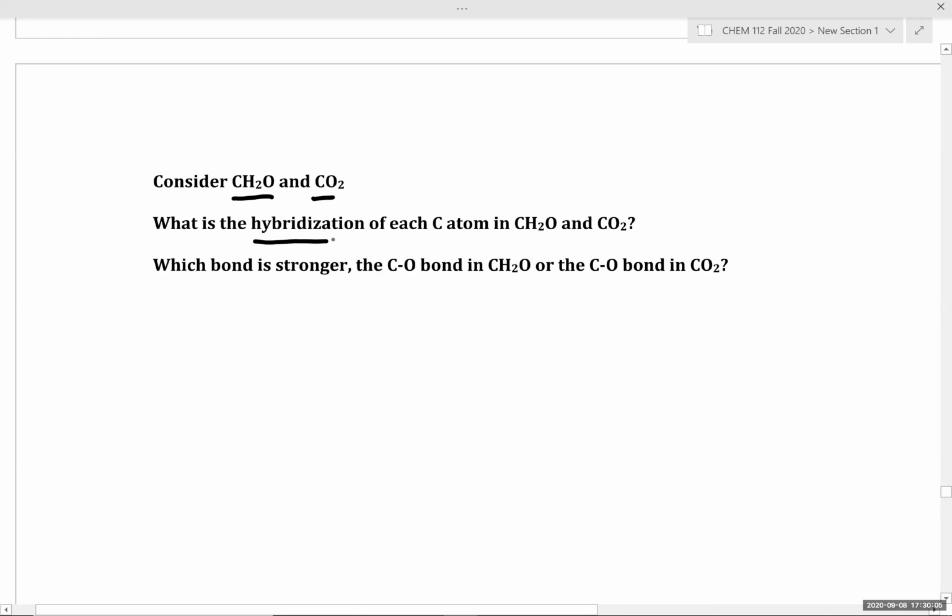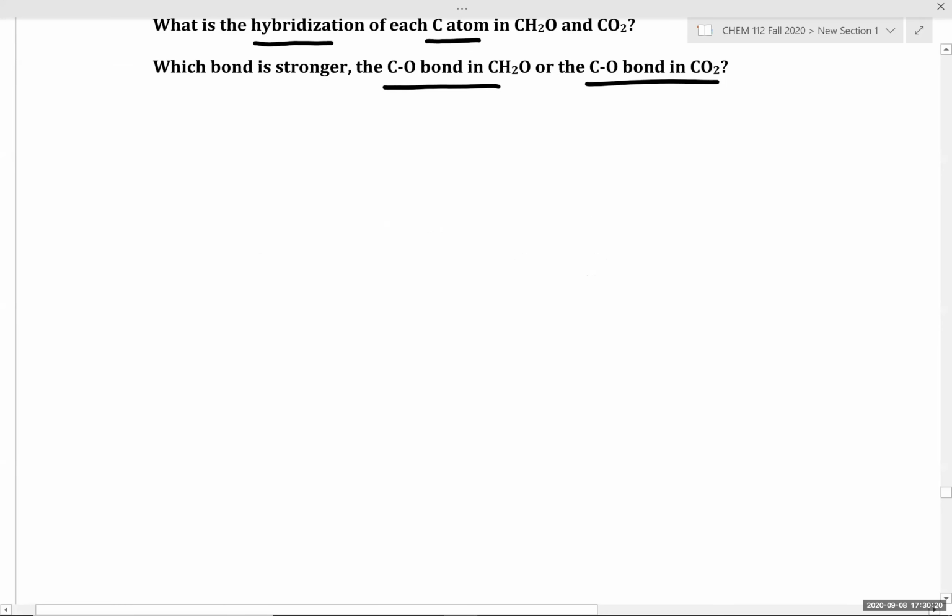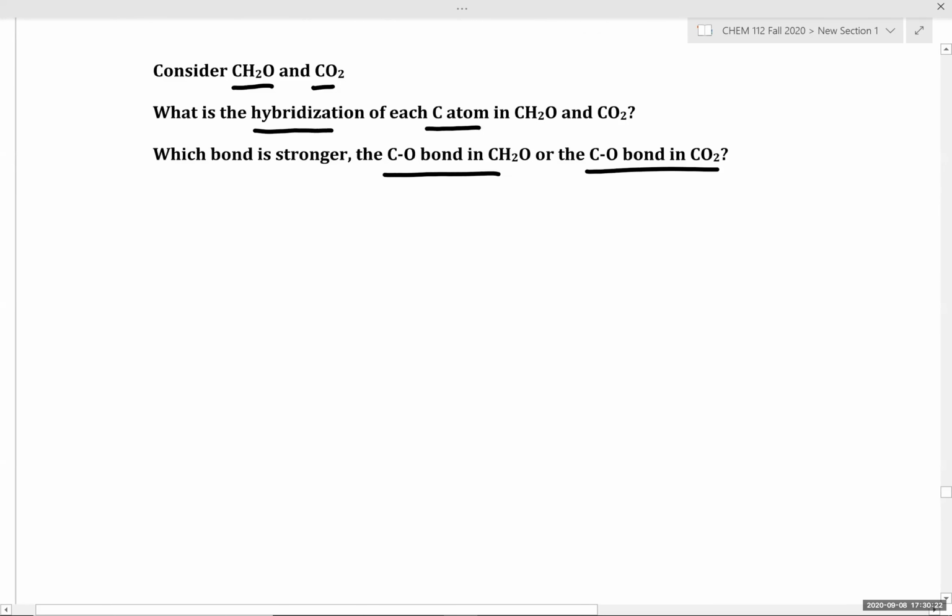I'd like you to tell me the hybridization of each carbon atom, and which molecule has the stronger carbon-oxygen bond, formaldehyde or carbon dioxide. The reason I've left so much space is that you may want to justify your answer with a Lewis structure or an orbital picture.